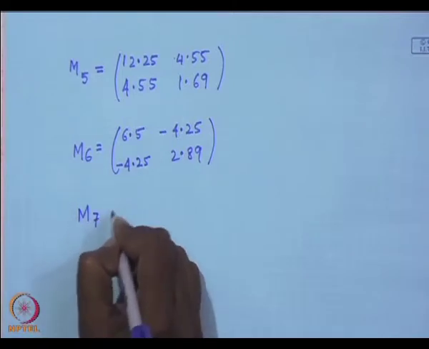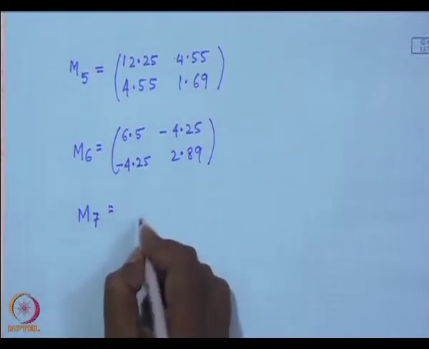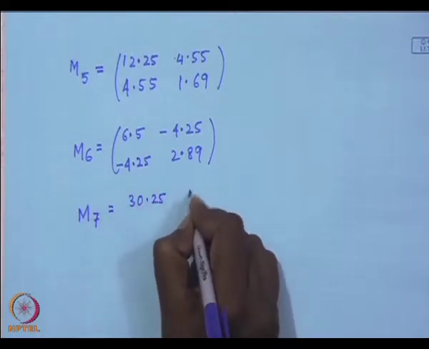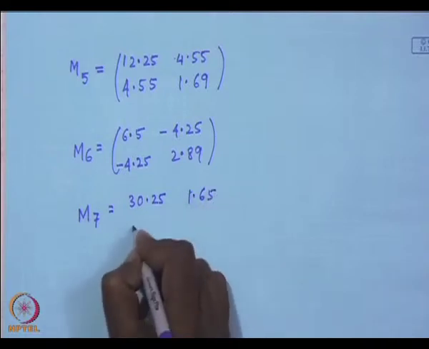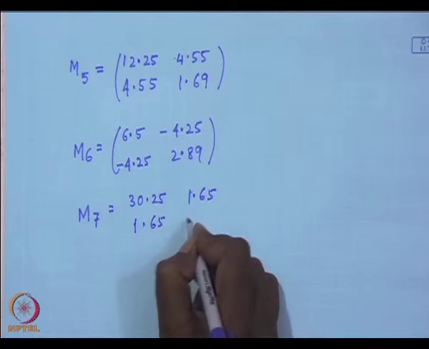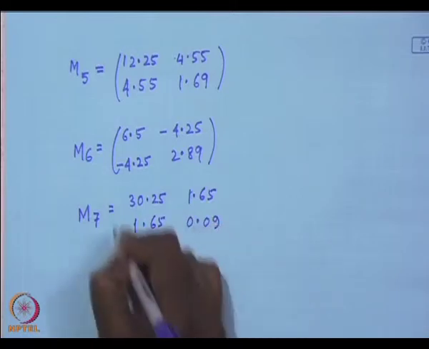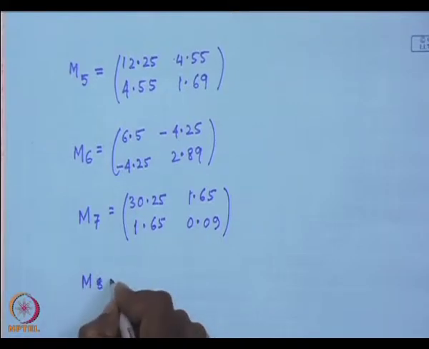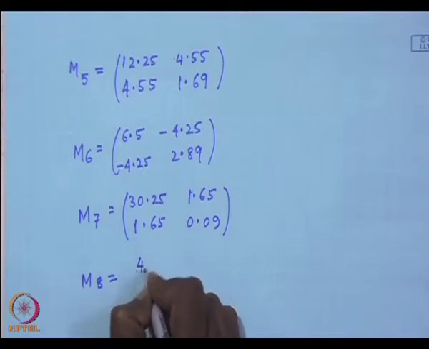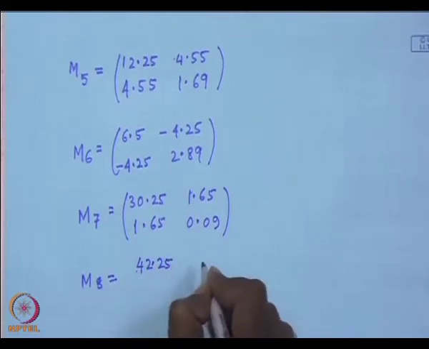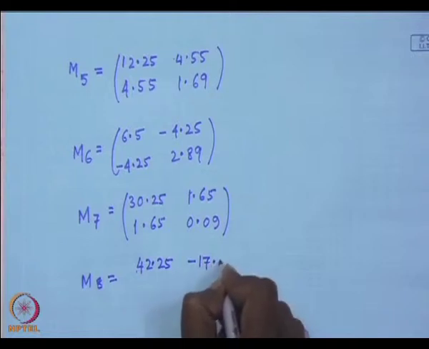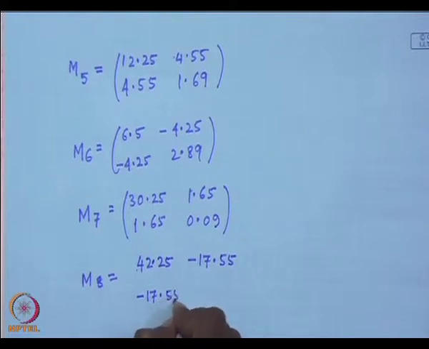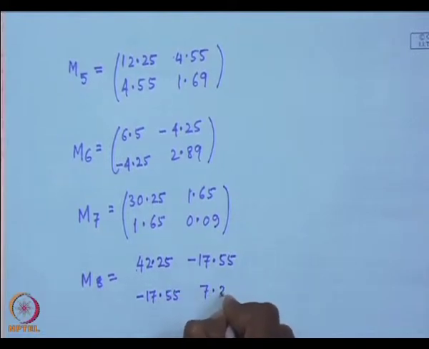M7, the seventh matrix, will be 30.25, 1.65, 1.65, 0.09. M8 will be 42.25, minus 17.55, minus 17.55, 7.29.